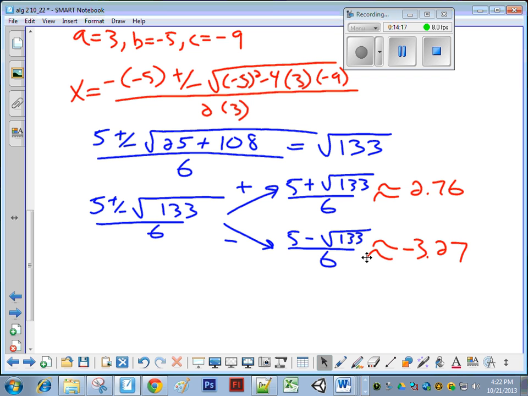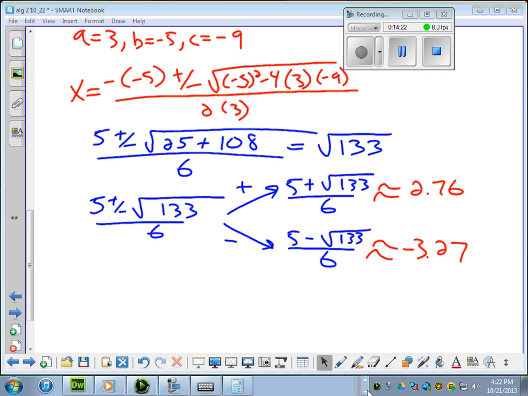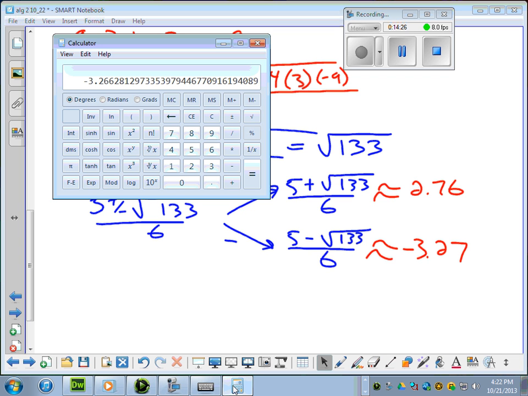Let me check one more thing. In case I did it wrong, I'm going to try another technique that might help me with this. I'm going to clear everything out, because you can't always trust some of the answers you get the first time. 133 to the power of 0.5. Okay, 11.53. Now I'm going to subtract 5. Actually, I'll change that to negative, and I'll add 5, get that answer.